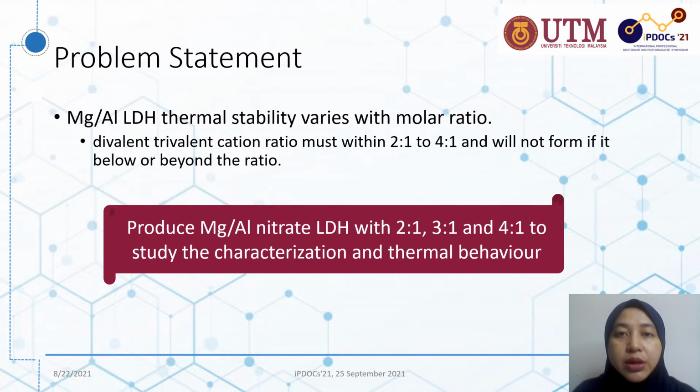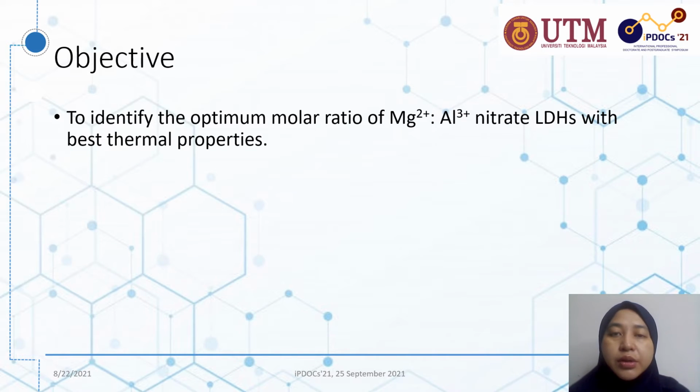So we produce magnesium aluminium layered double hydroxide in this range of molar ratio and study the characterization and thermal behavior. The objective of this study is to identify the optimum molar ratio of magnesium to aluminium nitrate layered double hydroxide with the best thermal properties.